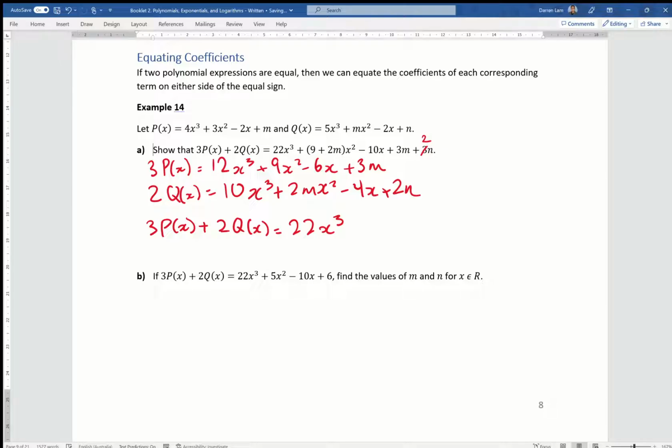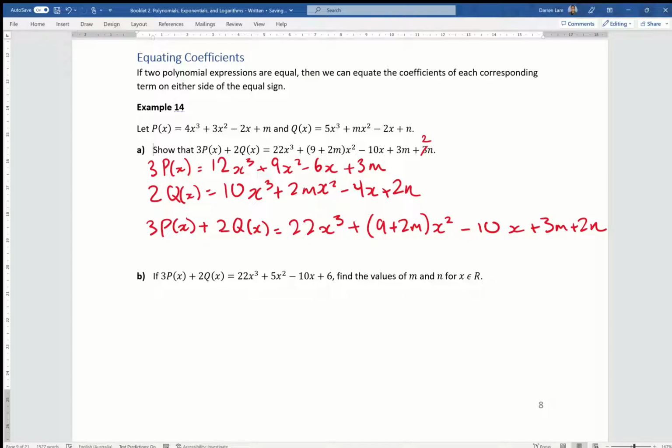Instead of writing plus 9x squared plus 2mx squared, I'm just going to go ahead and write plus bracket 9 plus 2m, x squared. Any questions about that step I've just skipped? Okay. So we continue. Minus now becomes 10x, and then plus 3m plus 2n. Et voila.